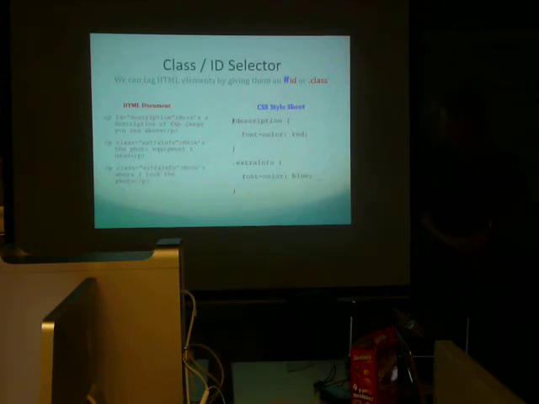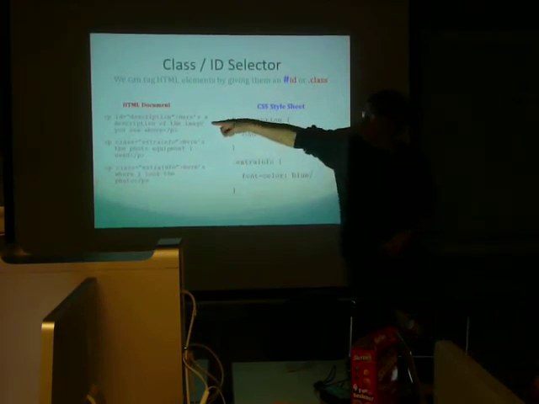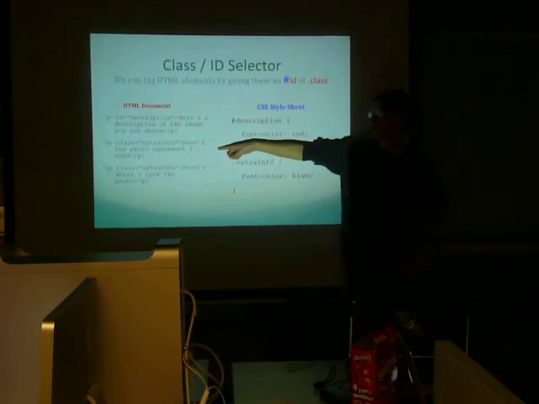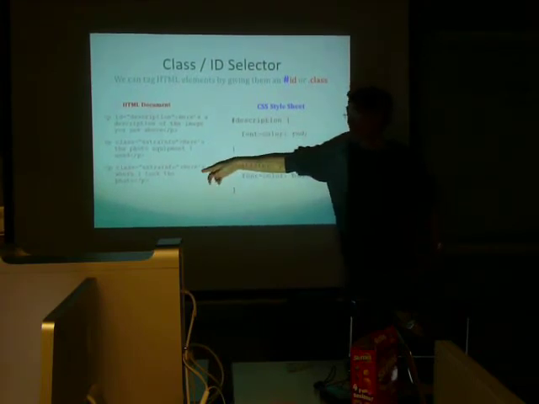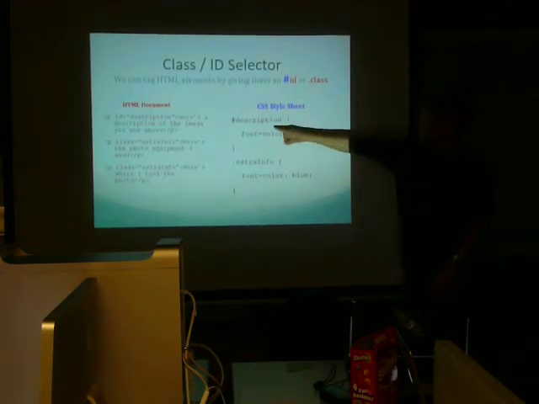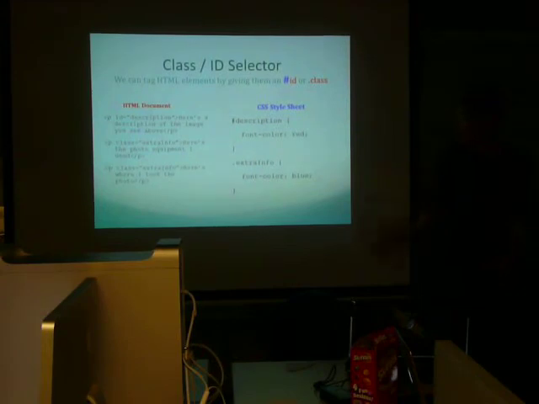So this is an example of a class and ID selector. Here with an HTML document, first thing is a paragraph with an ID description. Second thing is a paragraph with a class extra info. And third thing is a paragraph with a class extra info. So I have a selector, pound sign description, font color red. Who knows which one this is going to affect?